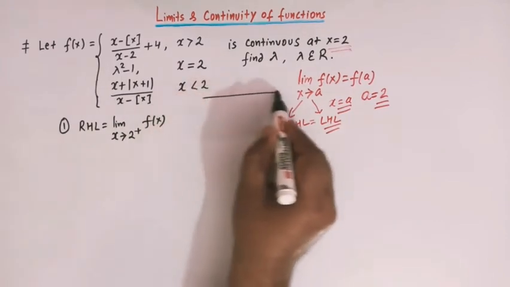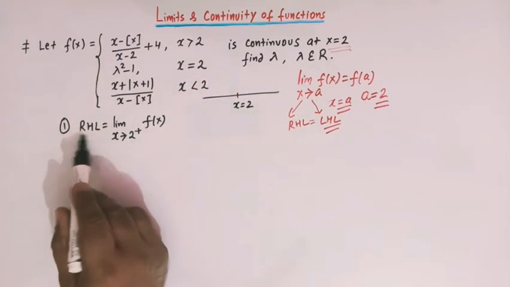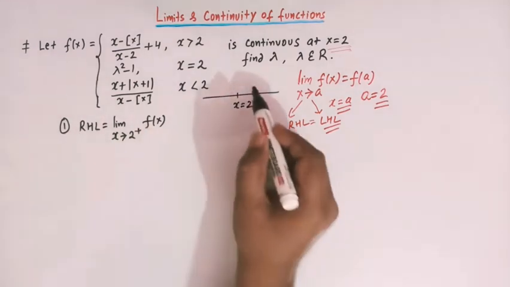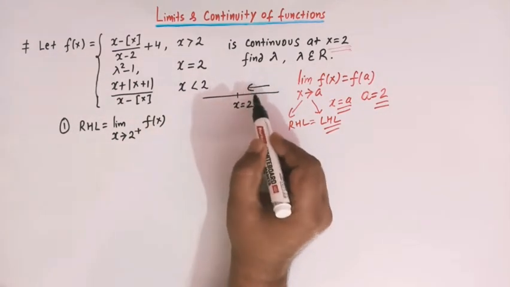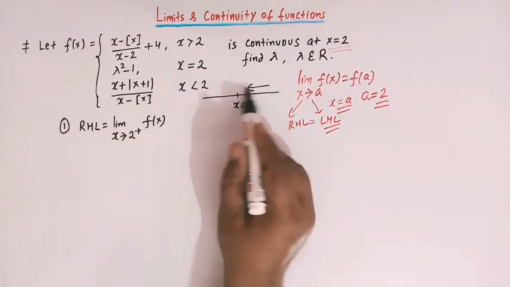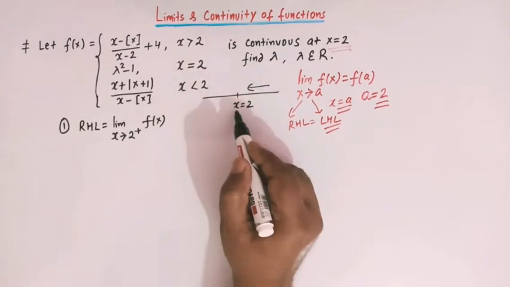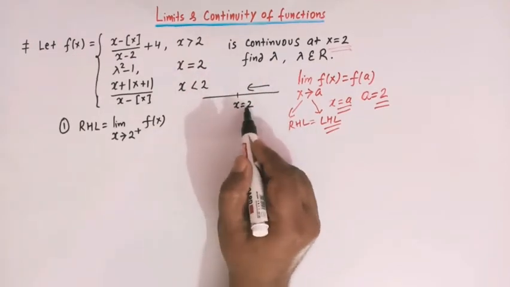When we calculate the right hand limit, it means we are approaching from the right of x is equal to 2, and all the values which lie towards the right of x is equal to 2 are greater than 2.